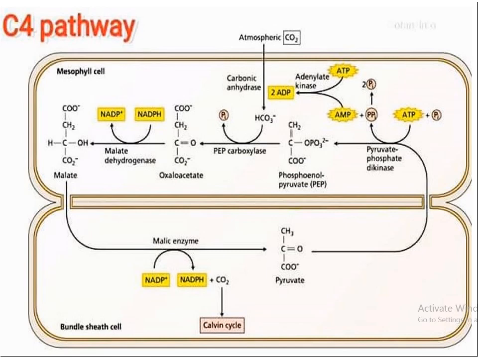Moreover, in C4 plants, carbon dioxide fixation occurs twice: first in the mesophyll cell with phosphoenol pyruvate, and then again in the bundle sheath cells with RuBP, that means in the Calvin cycle. For this reason, the C4 pathway is also called the decarboxylation pathway. So I think this is all about the C3 and C4 pathways.